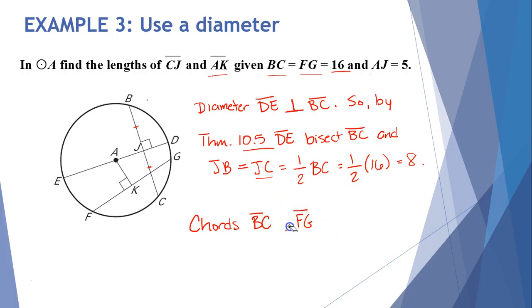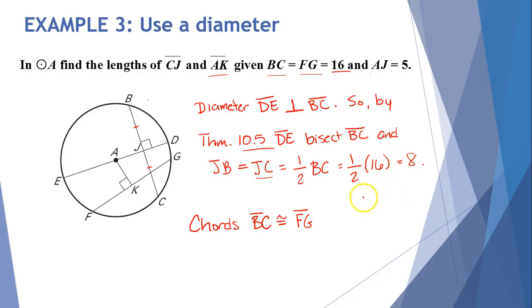BC and FG are congruent. And so by theorem 10.6, the one we just looked at, we should know that they are equidistant from the center of the circle.